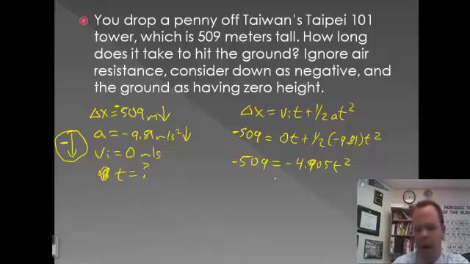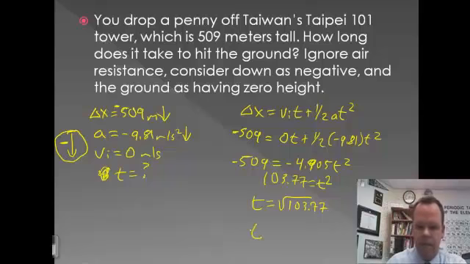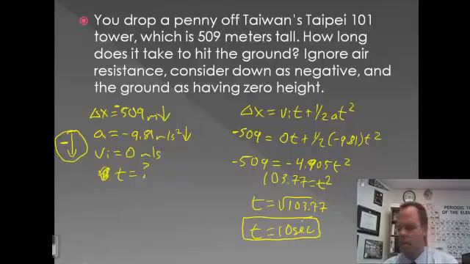When I divide 509 by negative 4.905, I get 103.77 equals t squared. T equals the square root of 103.77. And it would take 10 seconds. 10.18 if you want to be more precise.